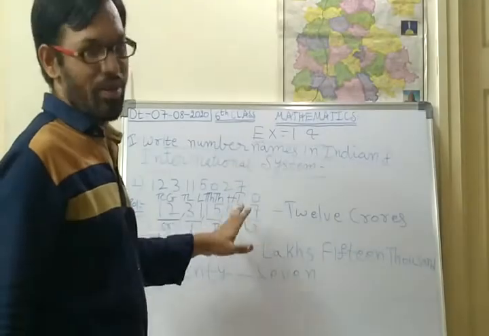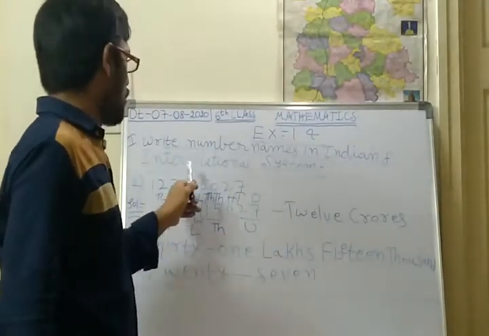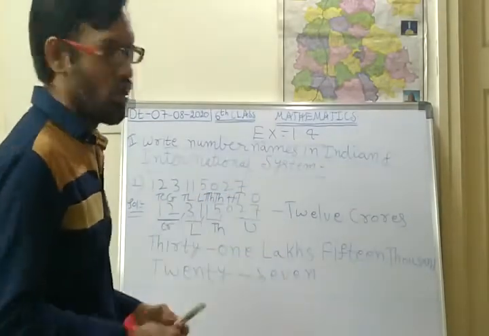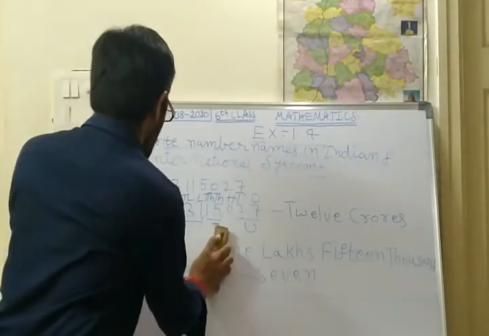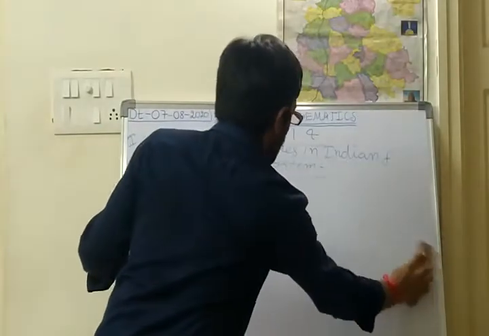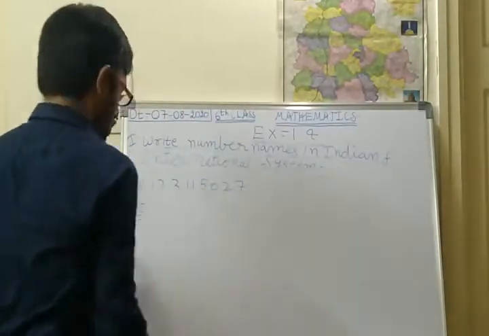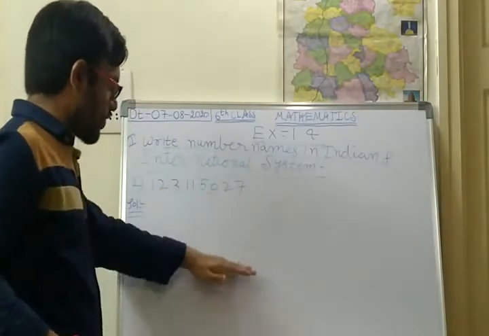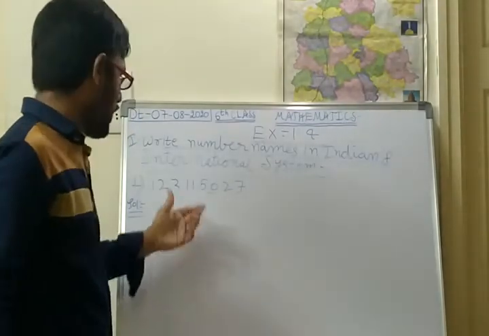Okay, after this, for this number you have to write the international system of numeration number name. So after writing this Indian system number name, at the bottom you write the international system number name.